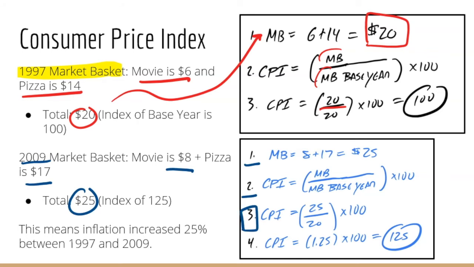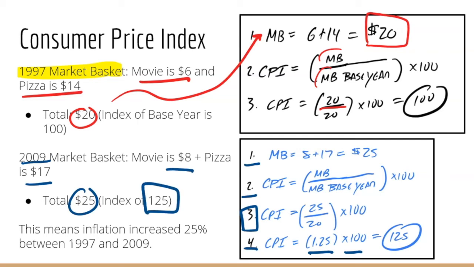Now in step three, we can plug in our numbers. In 2009, the cost of the market basket was $25 divided by the $20, which is the cost of the market basket in the base year, times 100, which gets to step four, 1.25 times 100. So our CPI index number for 2009 is 125.